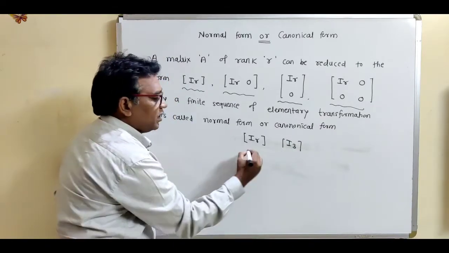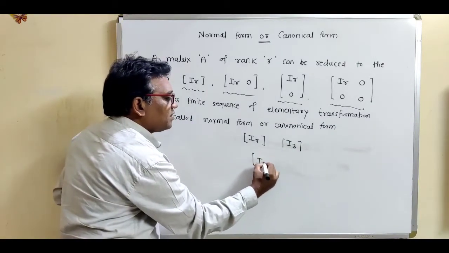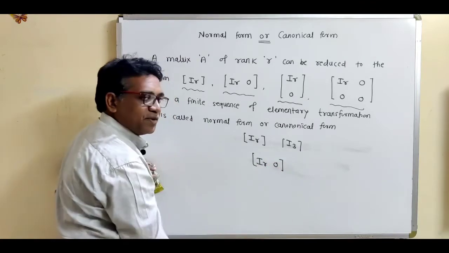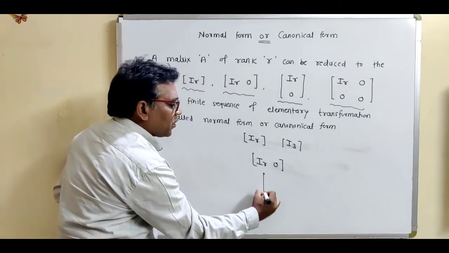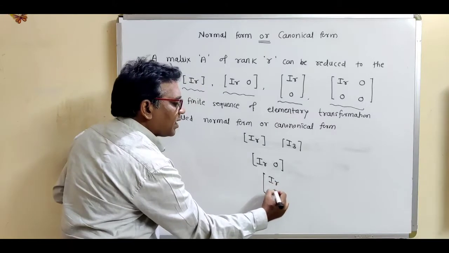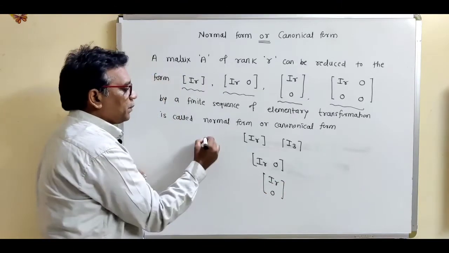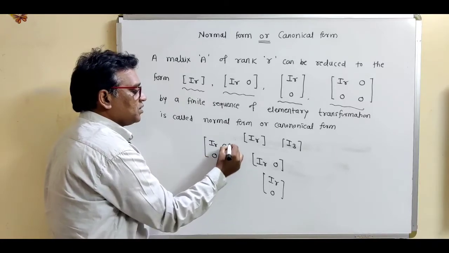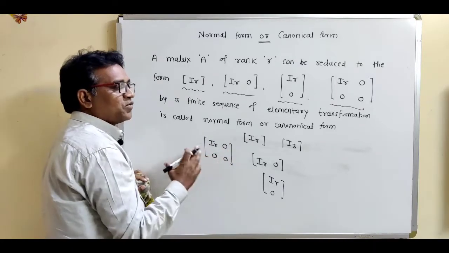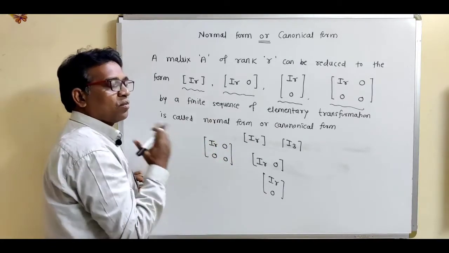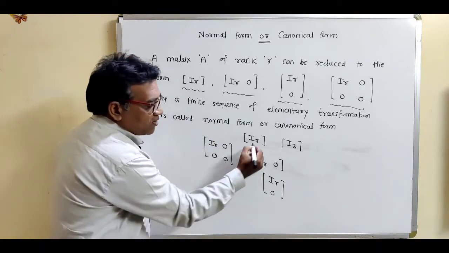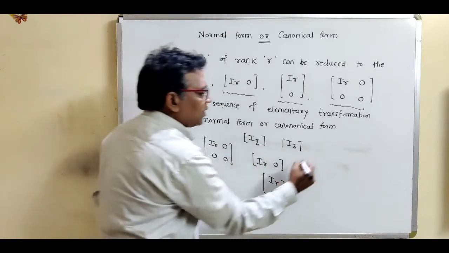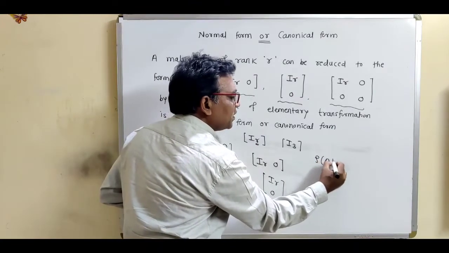The second canonical form is the row matrix [IR 0]. The third canonical form is the column matrix [IR 0], and the fourth type of normal form is the matrix [IR 0; 0 0]. So there are 4 types of canonical form or normal form. What is this notation R? R is called the rank of the given matrix.